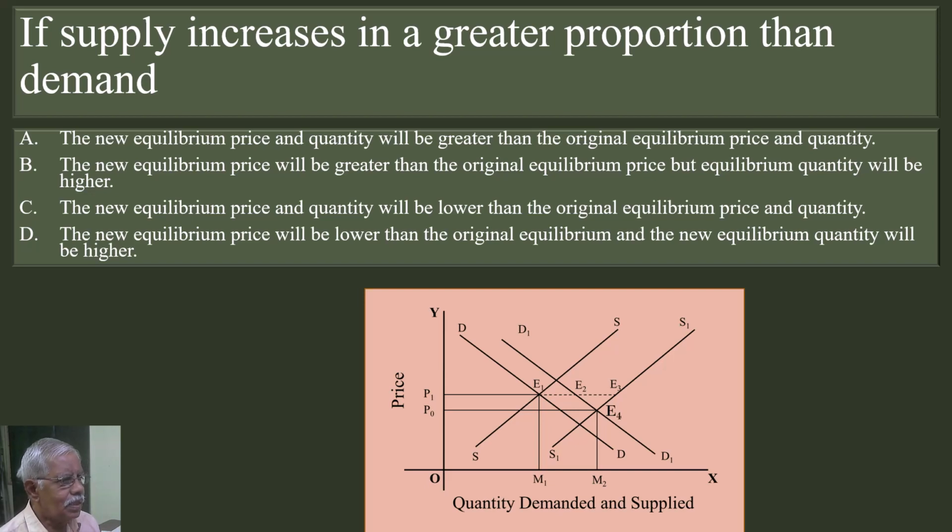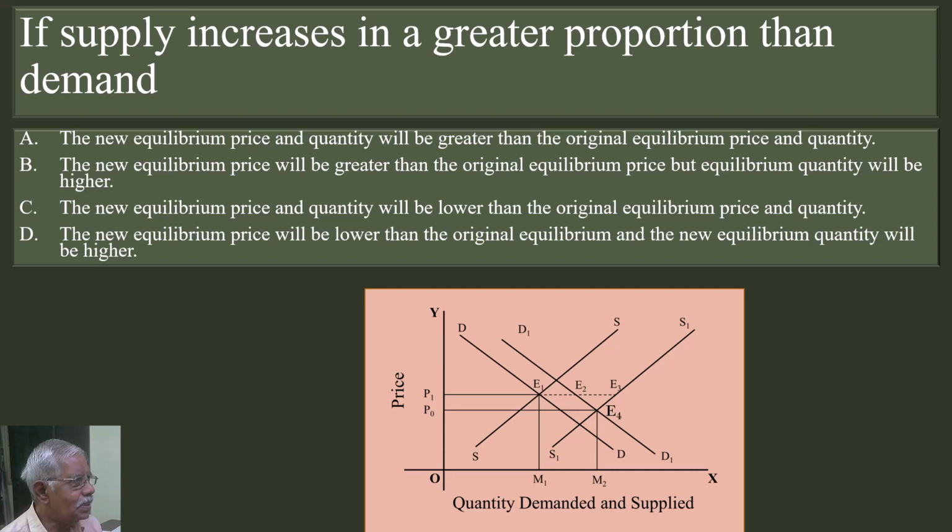Initial equilibrium E1, quantity M1, price P1. New equilibrium point is at E4, quantity M2, quantity increases, price decreases. It decreases from P1 to P0. Our conclusion is quantity increases, price decreases.